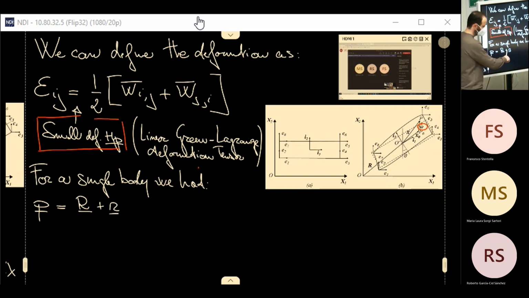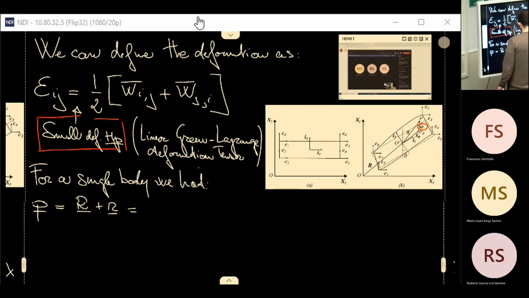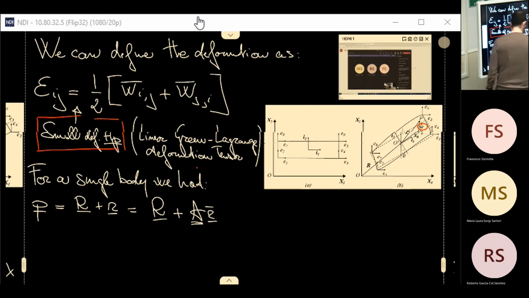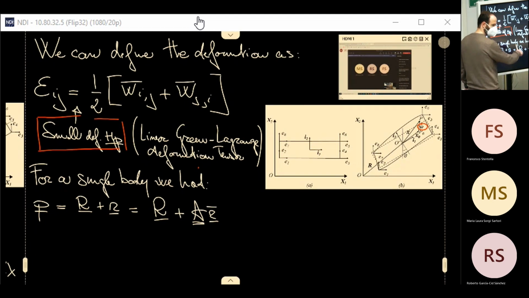The position of the origin of the local frame plus the position of a point described with respect to the local frame. And again, we elaborated on this, and what we got was that this could be written as such. So the local position expressed with respect to the local frame.